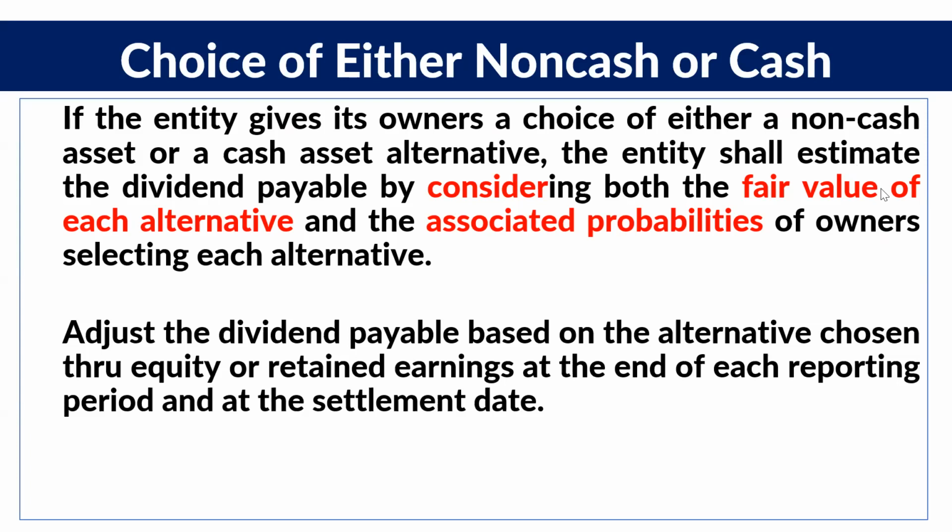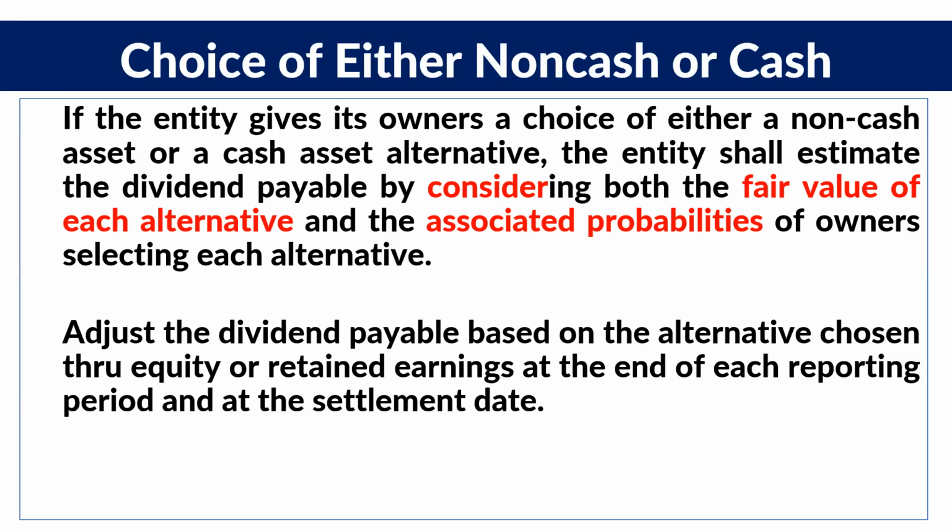So we integrate the effect of probability, based on the past experience of the company, on what the most probable choice of the owners is. We integrate that in accounting for your dividend distribution that has two options.